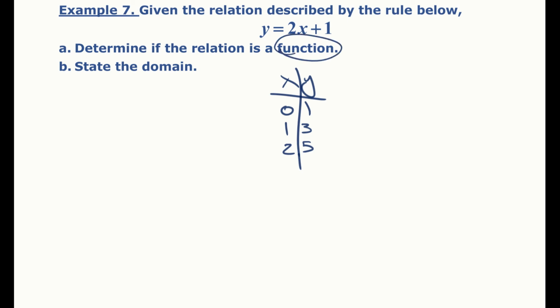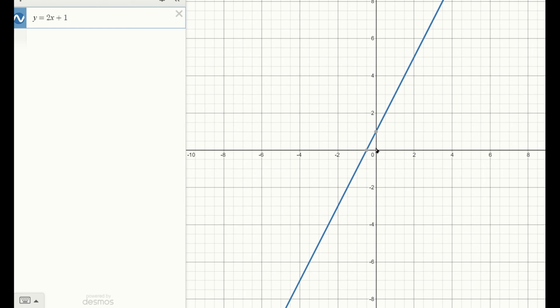We can even take a look at its graph real quickly and see that it easily passes the vertical line test. Of course, we've graphed lines before, so we'll take a look at that now. So notice here we have the graph of y equals 2x plus 1. And of course, it easily passes the vertical line test.